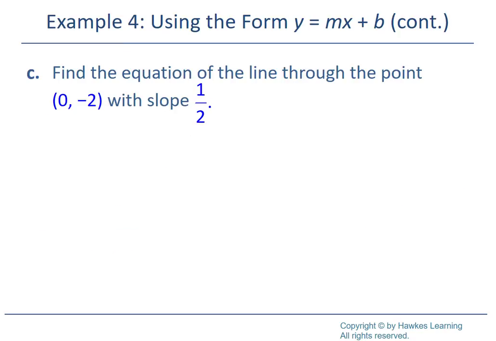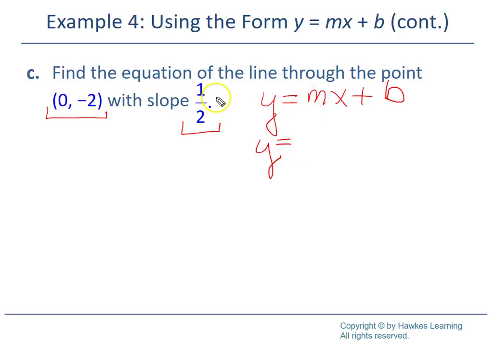Now, here's another example, example 4. We're going to use the y-intercept model to actually write an equation if we know the slope, which they're saying is 1/2, and we know the y-intercept. So our model is y equals mx plus b. Well, we're just doing a little substitution.